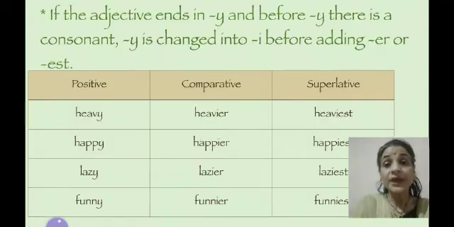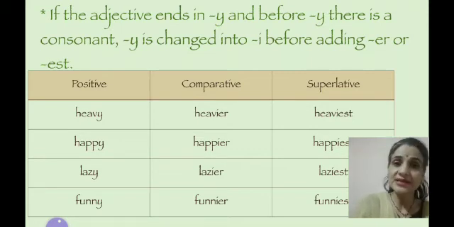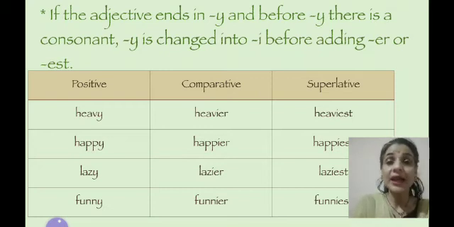Next rule: if the adjective ends in Y and before Y there is a consonant, you might have learned this in singular and plural. Y is changed into I, and then we add ER in comparative and EST for superlative, like heavy.